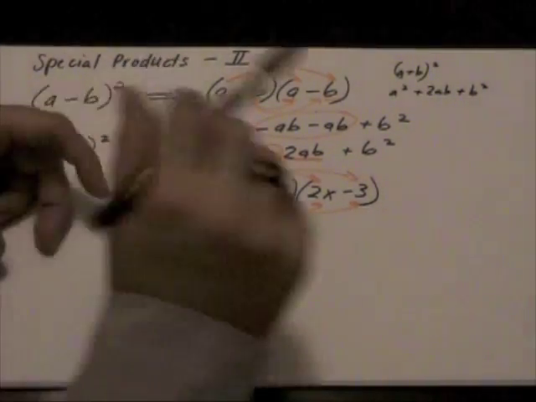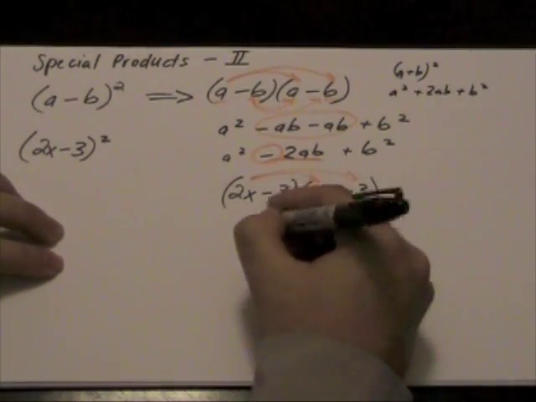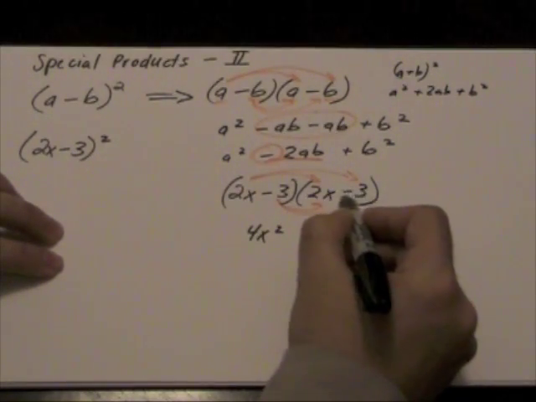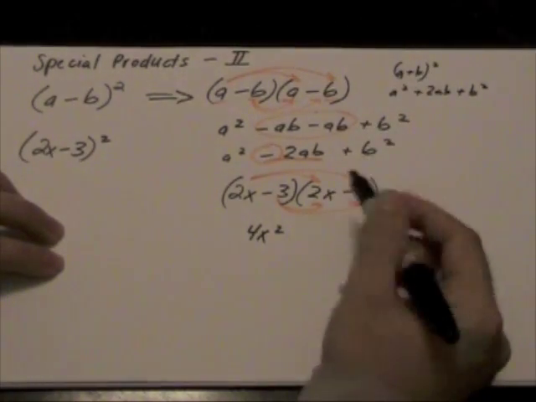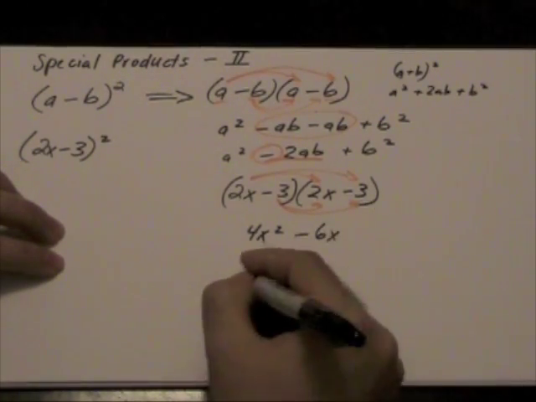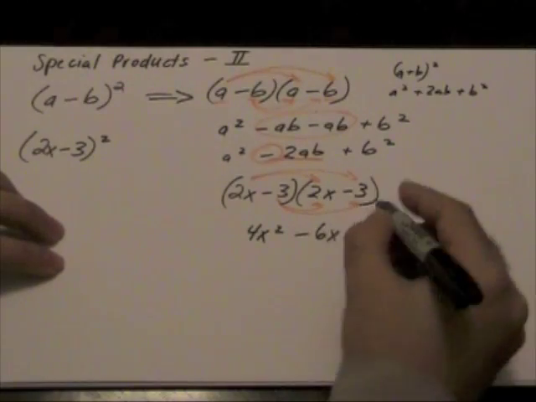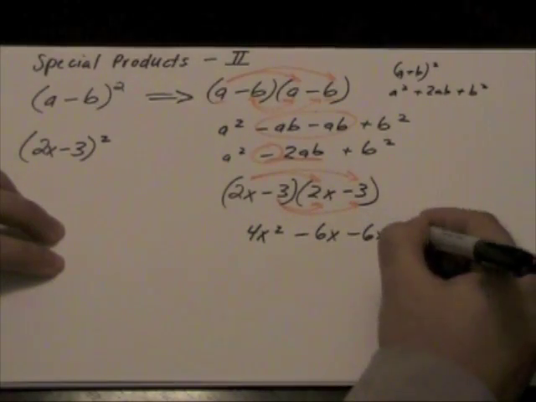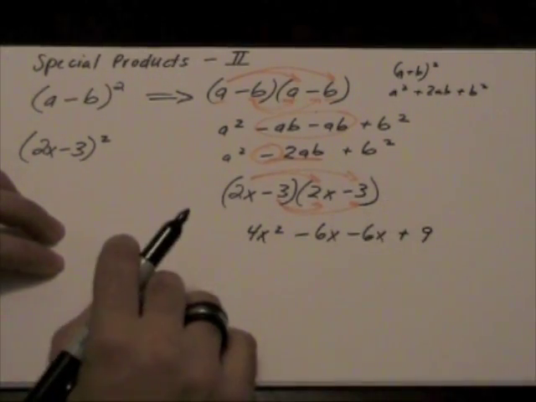Okay. So, 2x times 2x will give me 4x squared. 2x times negative 3, remember we treat the sign in front of the number with the number, will give me negative 6x. Negative 3 times 2x will give me negative 6x. Negative 3 times negative 3 will give me positive 9.